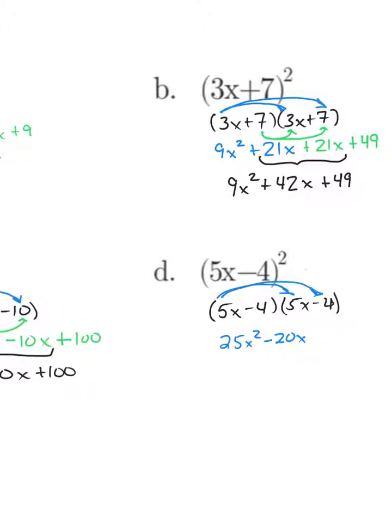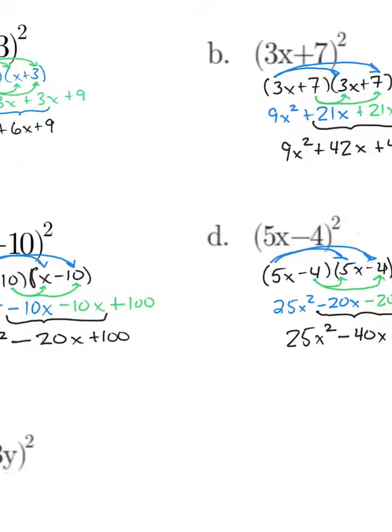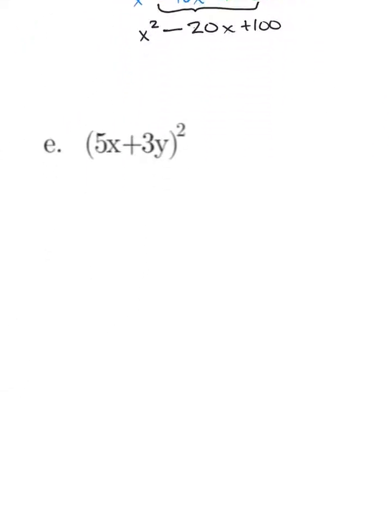Insides, minus 4 times 5x is minus 20x, and my lasts, negative 4 times negative 4, give me plus 16. Combining our like terms, we get 25x squared minus 40x plus 16. And we're done.